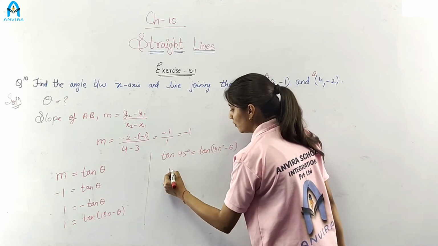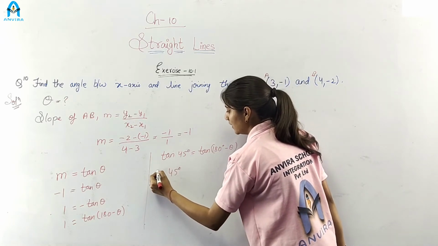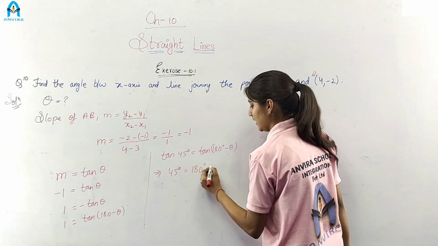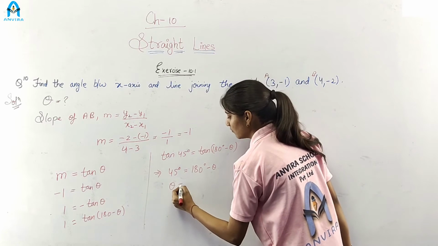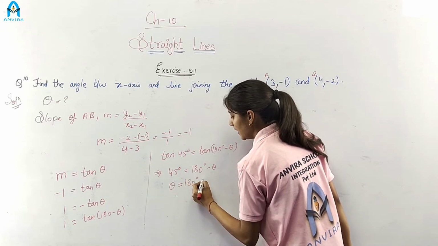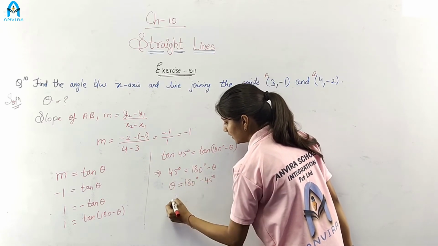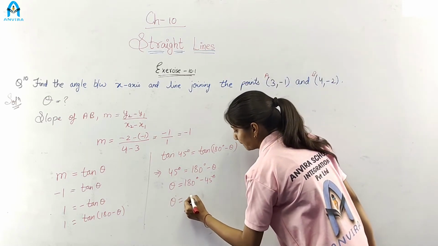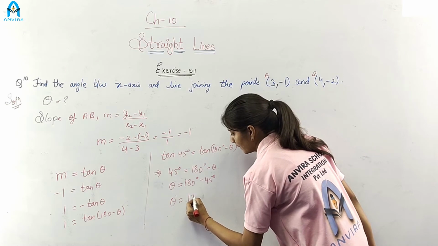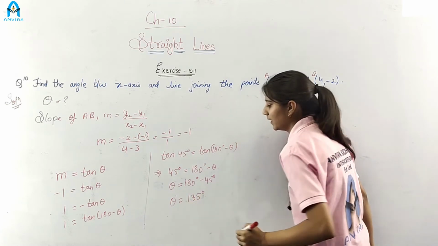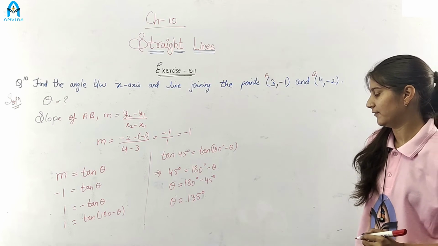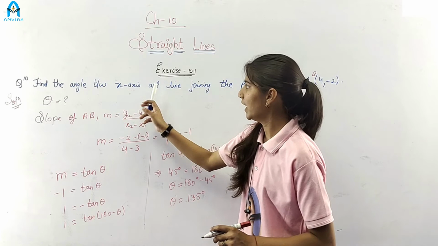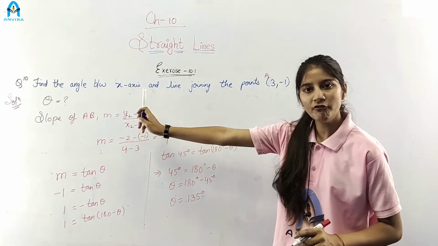So removing the tan from both the sides, I will get theta is equal to 180 degree minus 45 degree. So theta is equal to 135.